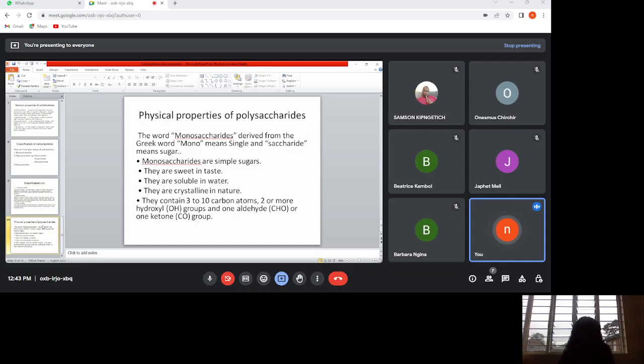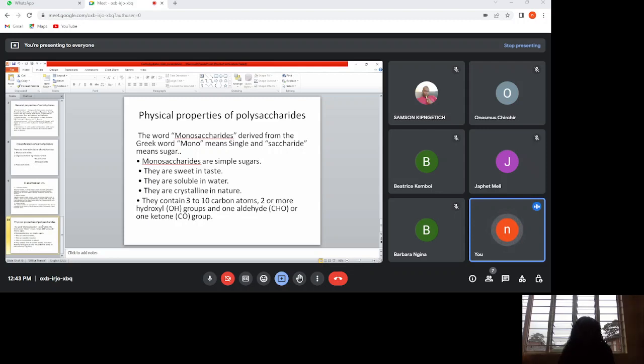They have the following general properties: 1, they are simple sugars, 2, they are sweet in taste, 3, they are soluble in water, and 4, they normally form crystalline structures or are crystalline in nature.